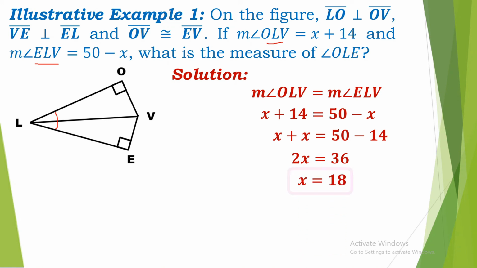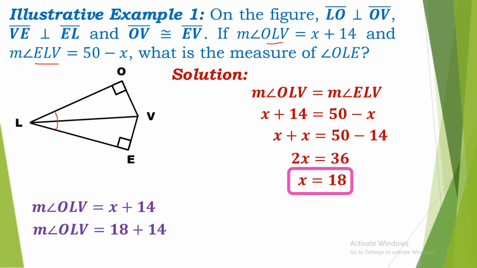Now, since we have solved for the value of x, we can now find the measures of angle OLV and angle ELV. So by substitution, we have x plus 14, so that is 18 plus 14. So it is equal to 32 degrees.